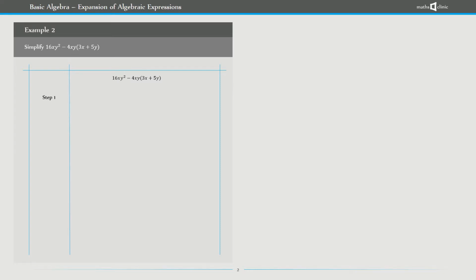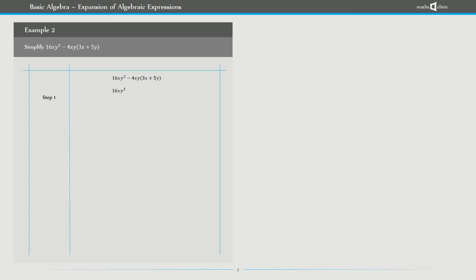So we have 16xy squared on the end there, and we're simply going to multiply minus 4xy by 3x and plus 5y.